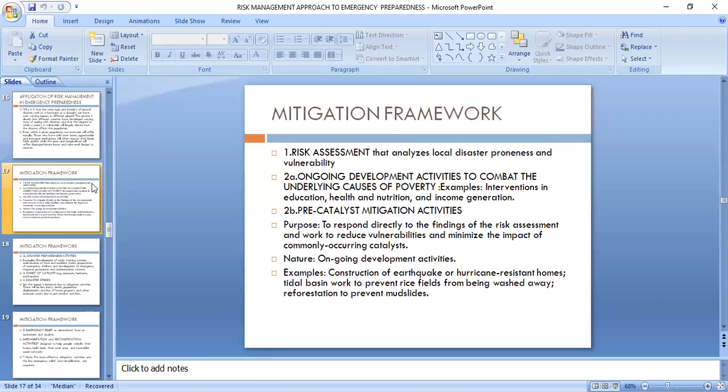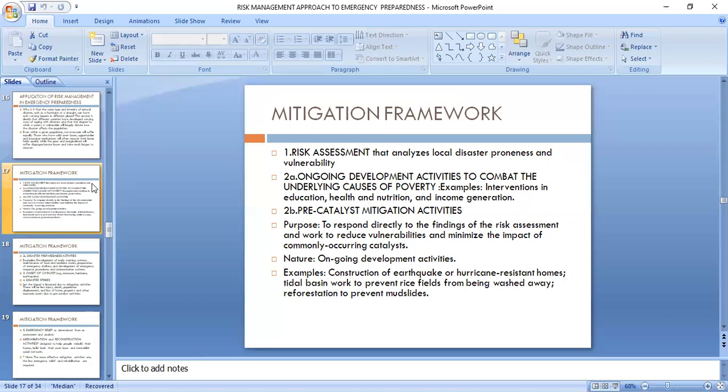Then, number two, ongoing development activities to combat the underlying causes of poverty. Like I said, poverty is a vulnerability. If you have discovered in the risk assessment that the poverty level is high, you need to start intervention programs in education, health and nutrition, and income generation, so that the immunity of the community, financially and literally, will start rising.